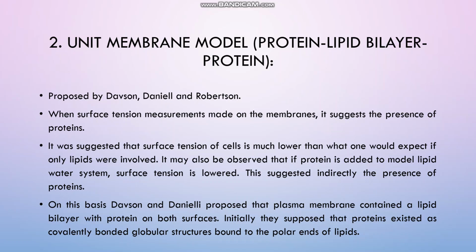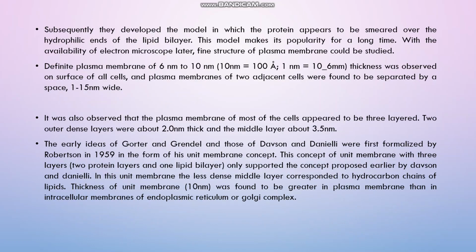Initially, they supposed that proteins existed as covalently bonded globular structures bound to the polar ends of lipids. Subsequently, they developed the model in which the proteins appear to be smeared over the hydrophilic ends of the lipid bilayer. This model retained its popularity for a long time.